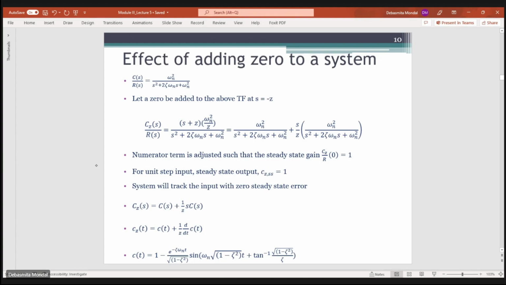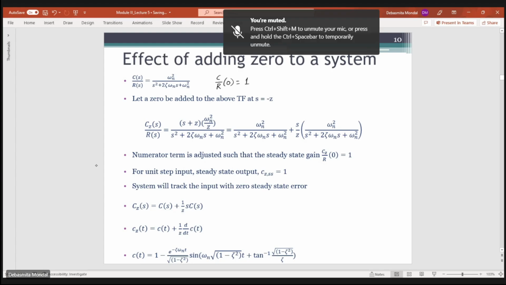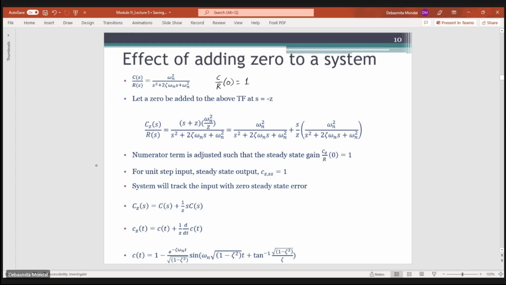Here also, the value of C by R at 0, the steady state gain, will be equal to 1. When we add a zero to the system, the numerator has s plus z multiplied by omega n square, and we add one more 1 by z term so that the steady state gain, Cz by R at 0, is equal to 1.